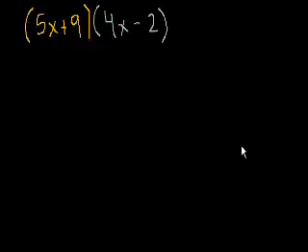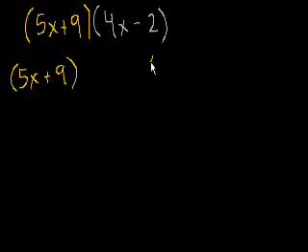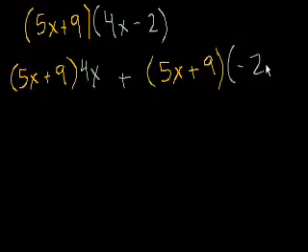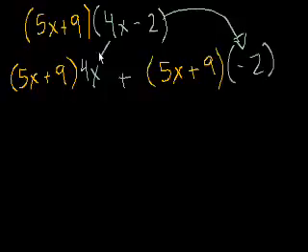Well, once again, that equals 5x plus 9 times 4x, and then plus 5x plus 9 times minus 2. I'm just distributing it. This minus 2 is here, and this 4x is here. And now we just multiply it out.